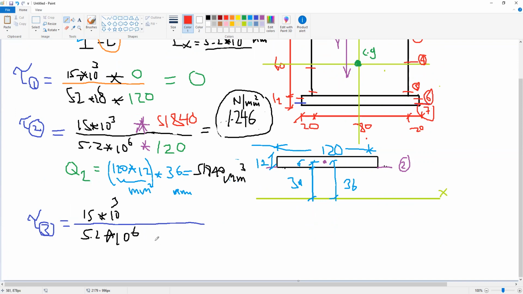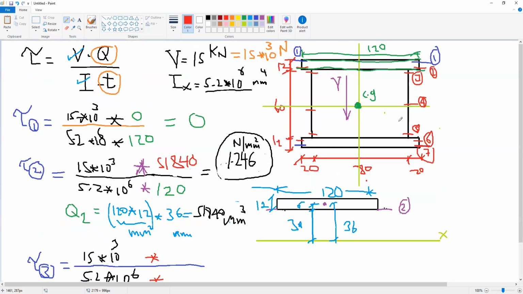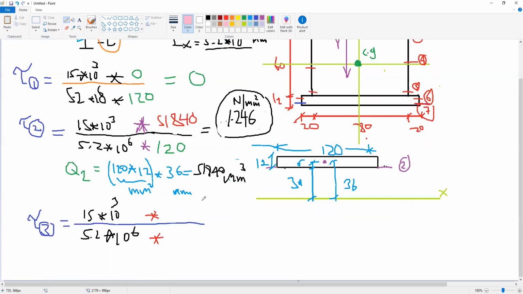The difference again is the thickness t and the moment of area Q. The thickness at section 3 is the narrow section, which is 80 millimeter. So instead of 120 in section 2, it becomes 80 in section 3.